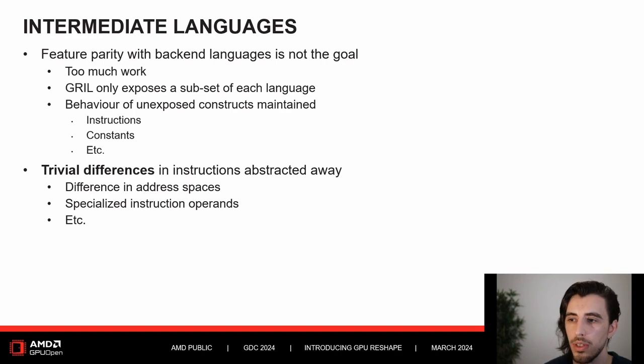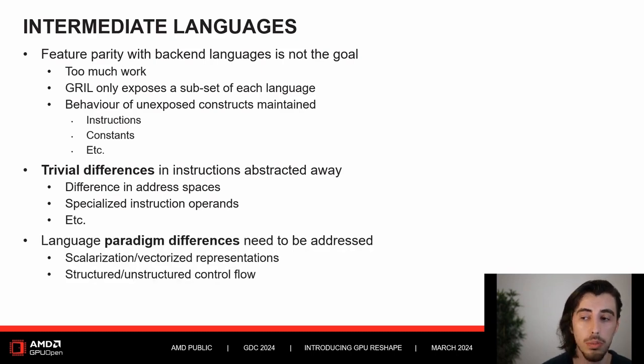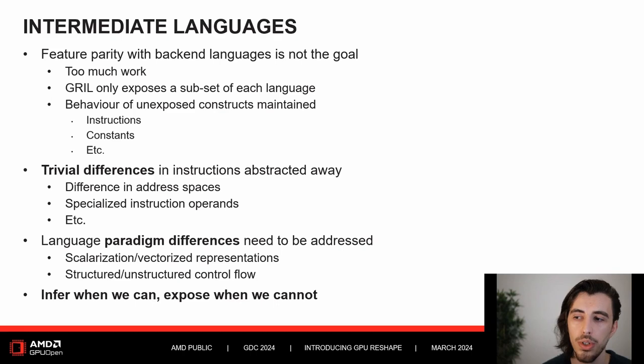And while the trivial differences in the instruction sets are abstracted away, such as address space differences in instruction operands, language paradigm differences are another story entirely. In two in particular, we have scalarized versus vectorized representations, and what's known as structured and unstructured control flow. What GRIL does here is that it infers when it can and exposes when it cannot.